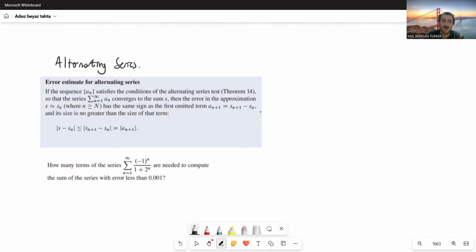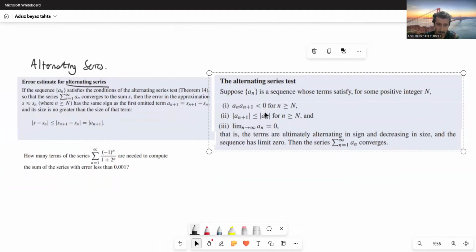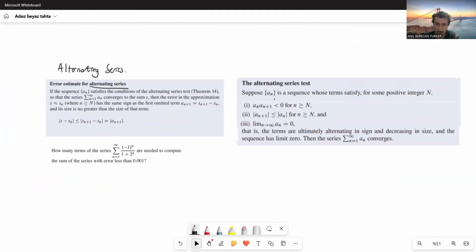If the sequence satisfies the conditions of the alternating series test, then the series will be convergent. So first the series is alternating, then the positive part is decreasing and the limit is zero. Then we can estimate, if you'd like to estimate.